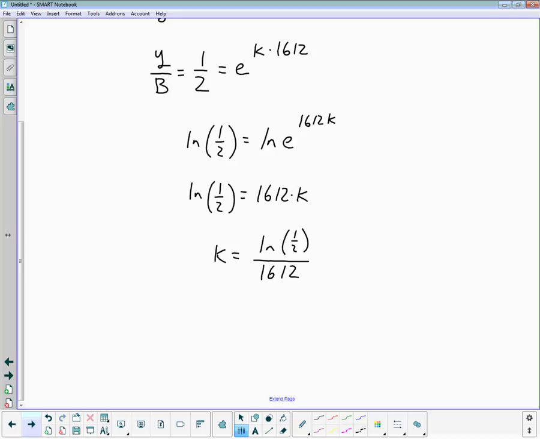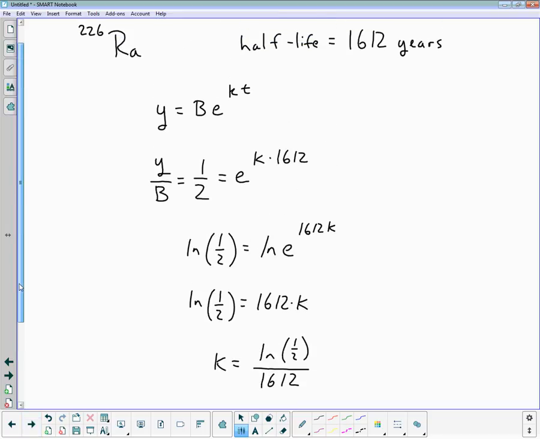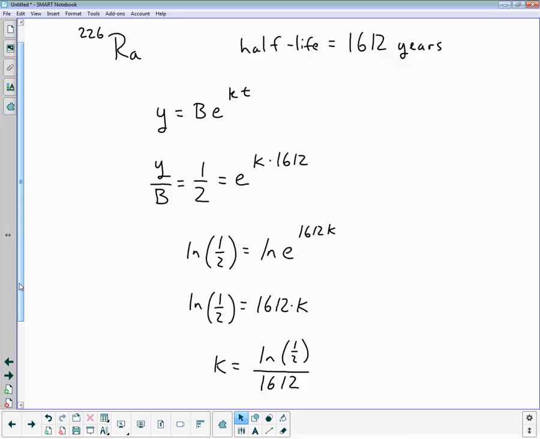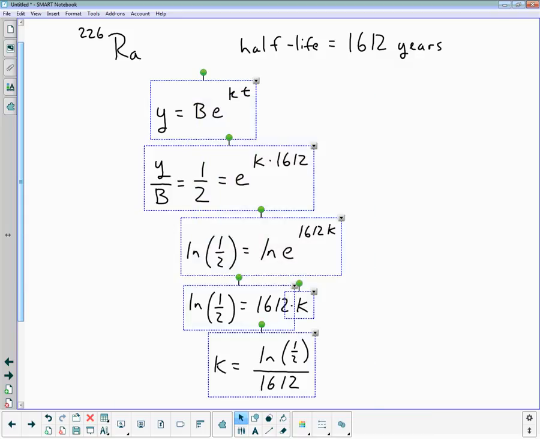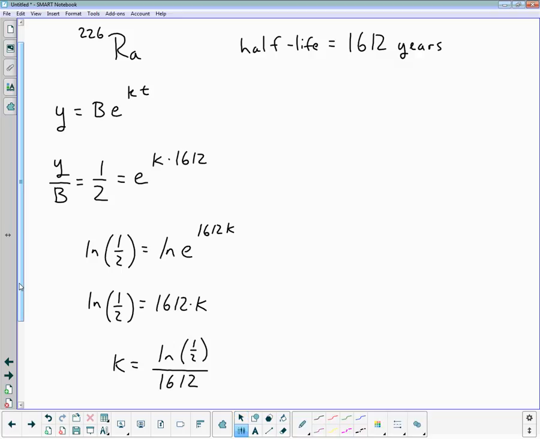How long will it take for 1/4 of a given quantity of radium-226 to decay? So it's not asking for the entire half-life. It's looking for enough of a half-life so that only 1/4 of it is gone. Okay? So going back, and now plugging in what we know.